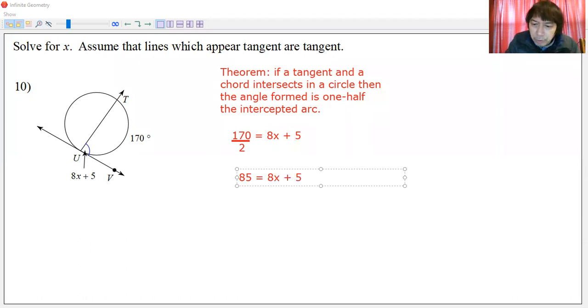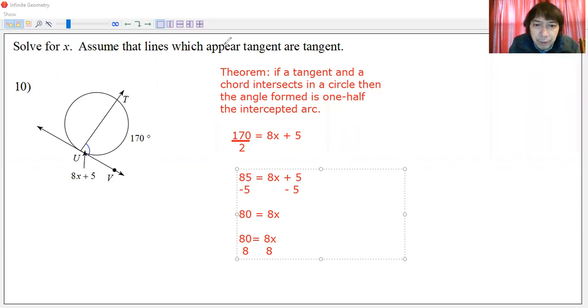All right, continue with subtraction. Subtract 5 from both sides, and we get 80 is equal to 8x. And we shall divide 80 by 8, so divide this by 8 and divide this by 8 there.